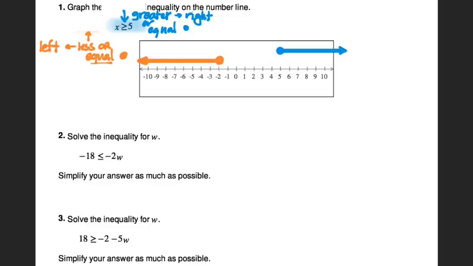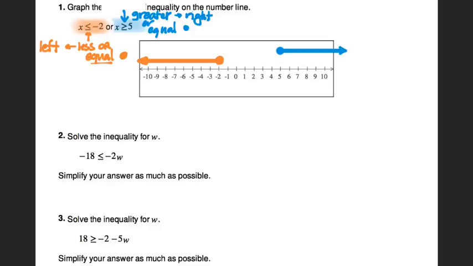So we now understand how to do each one of the pieces in this problem. If I want to visualize x is greater than or equal to 5, I'll draw this blue segment. If I want to visualize x is less than or equal to -2, then I'll draw this orange segment. And so the fun part comes in, and this is something I just want us to taste right now, and we're not going to really get an entree plate worth of this until later in the semester. But just as a taste, I have the word or in between these two inequalities, which means I don't want there to be two different answers to this problem.